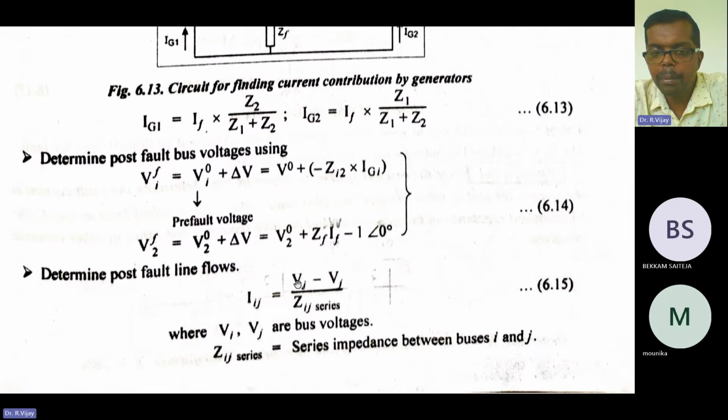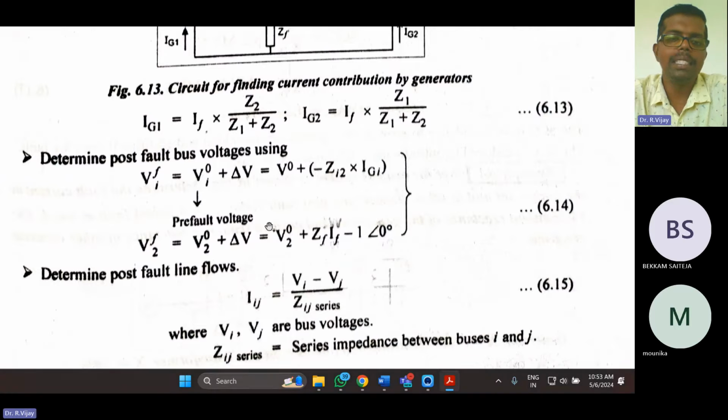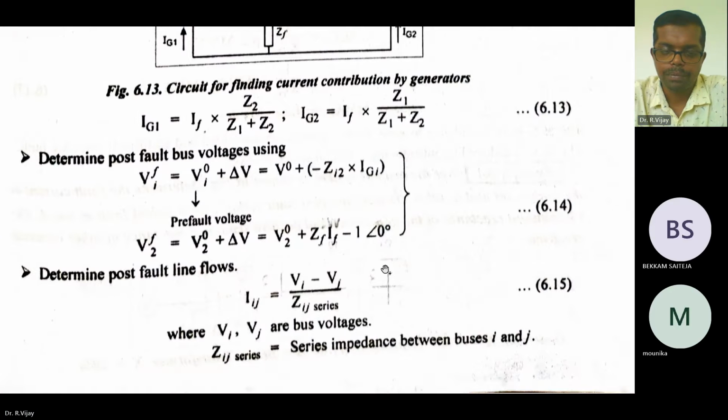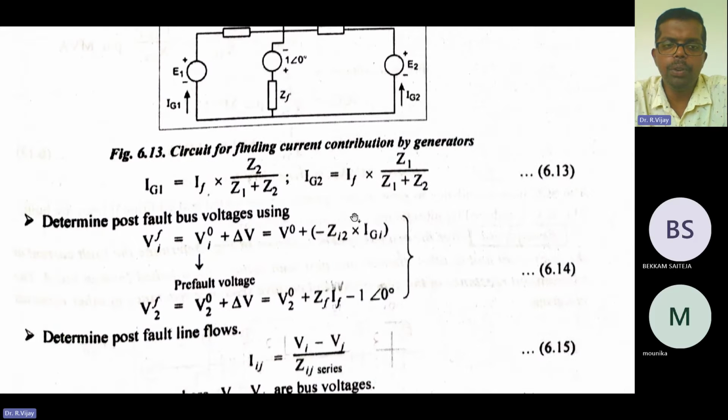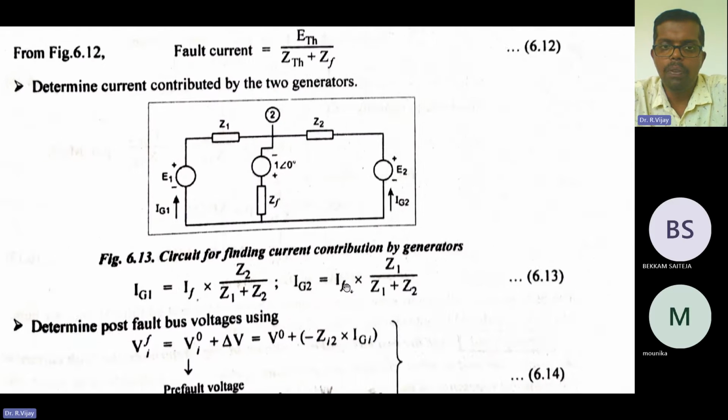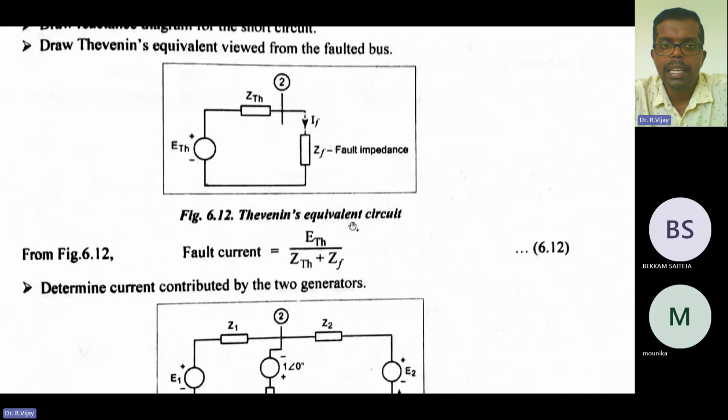So that voltage difference divided by Zij is how we determine the post-fault line flows. So these are the steps.